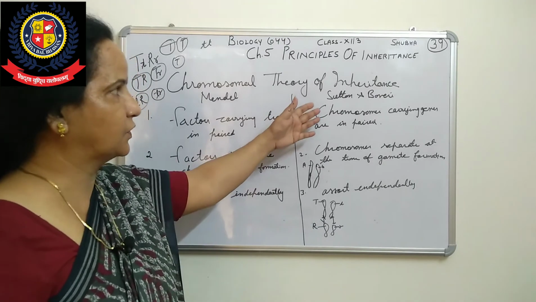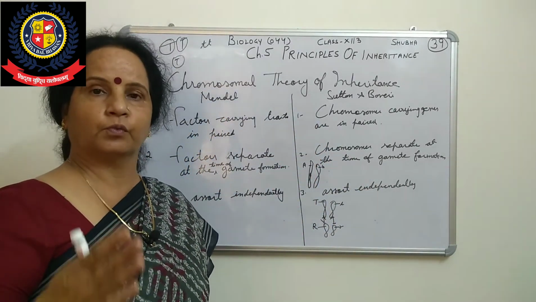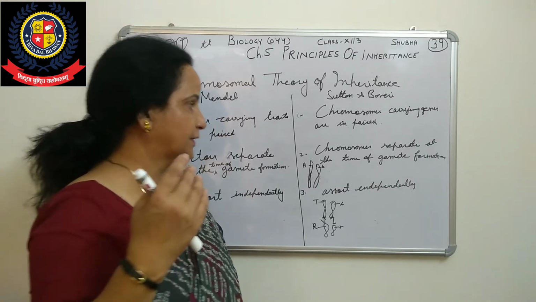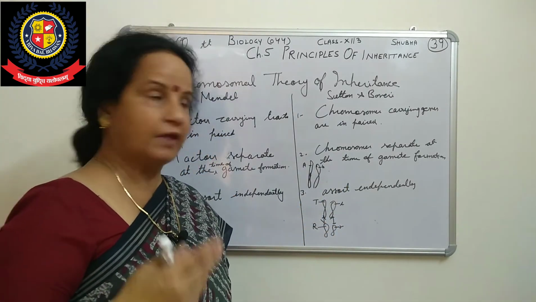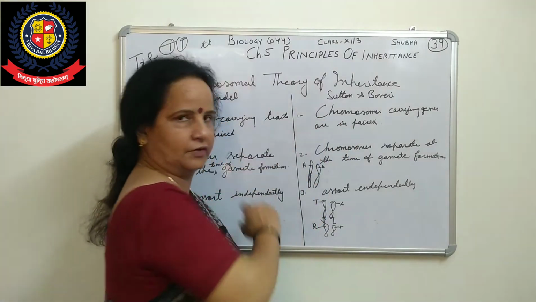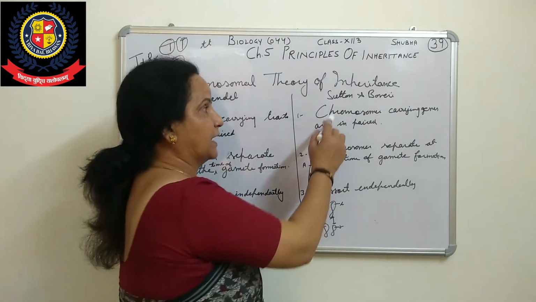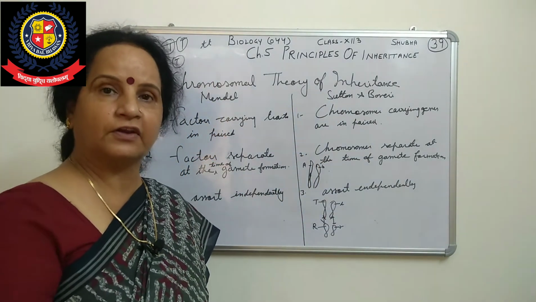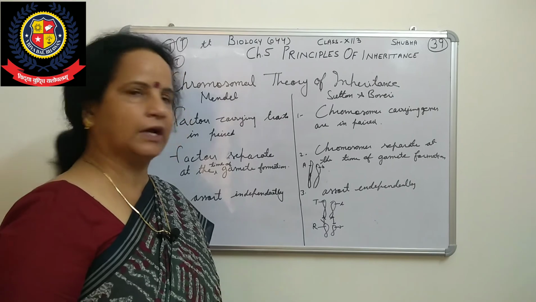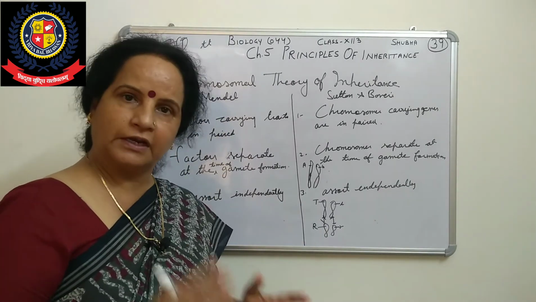They gave this theory after the knowledge of chromosomes, nucleus and genes. They saw the behavior of chromosomes, how they become double, how they become half, what they carry, how they are responsible for the characters in the next generation. So both are the same, and after that Mendel's work was recognized.